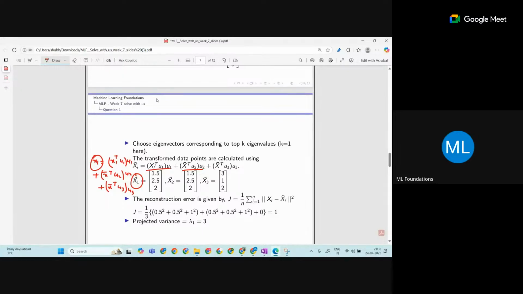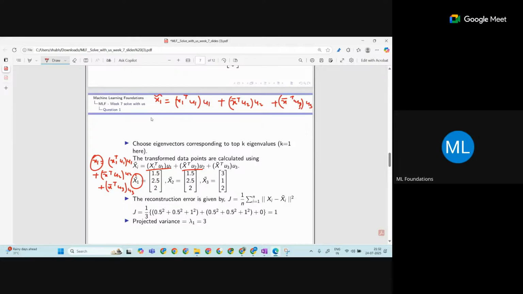Let me write x1 separately. x1 tilde is equal to x1 transpose u1 and u1, plus x mean transpose u2 and u2, plus x mean transpose u3 and u3.